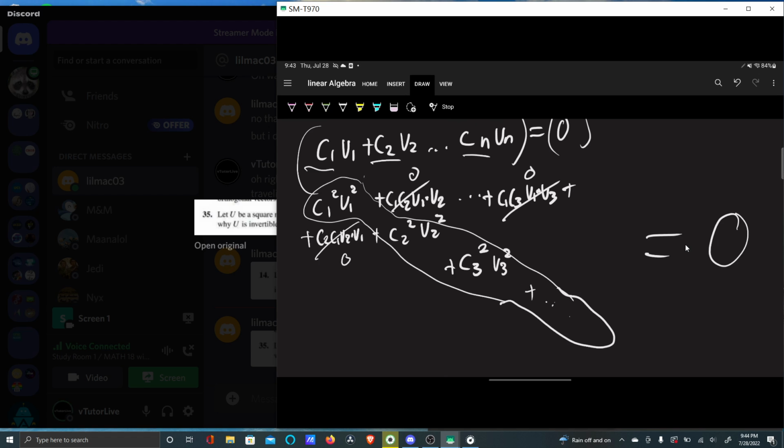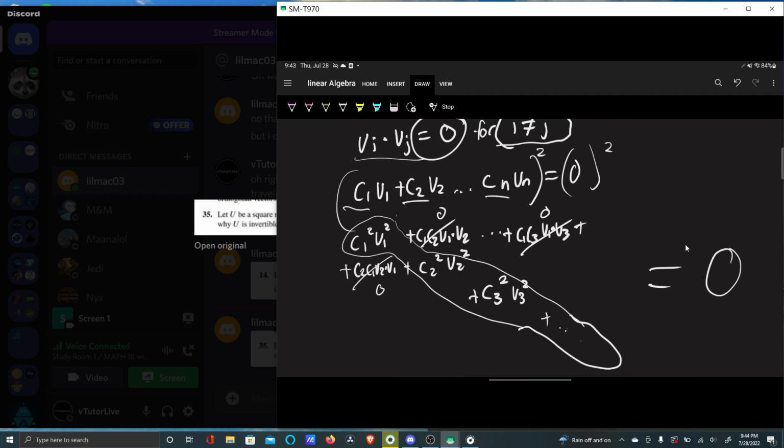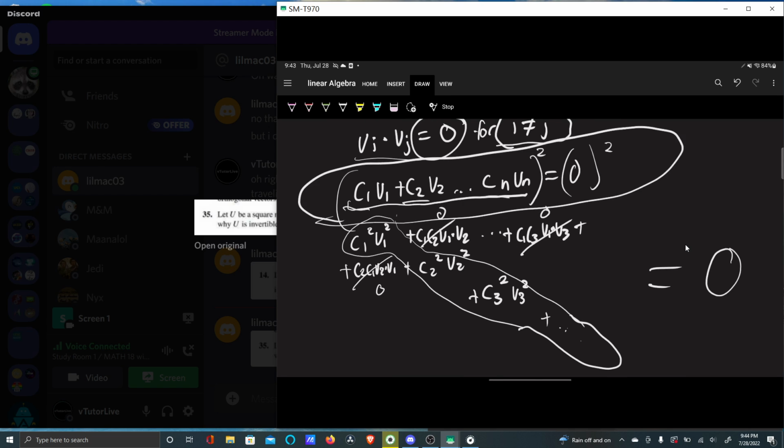Does that make sense? I'm taking this original statement and saying, for the sake of contradiction, let's say that this linear combination is equal to 0, and then let's just square both sides. Squaring for vectors essentially means taking the dot product with itself.